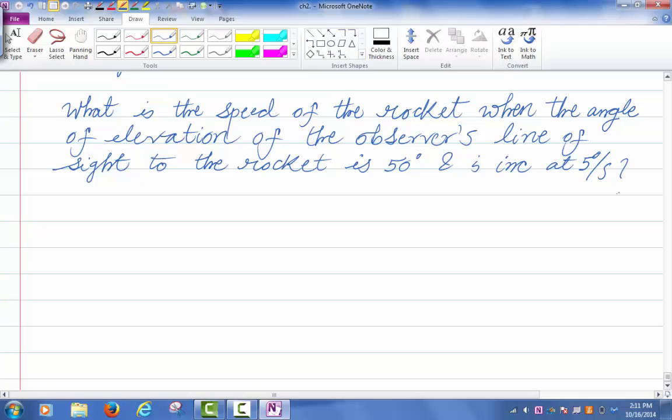Is the question clear? So you have a rocket which is going up. There is an observer 2 miles west of that location.